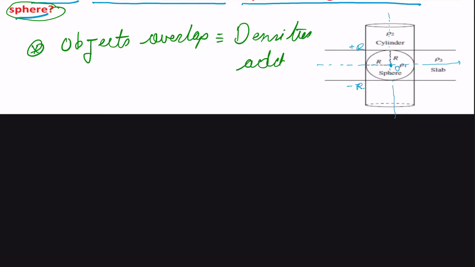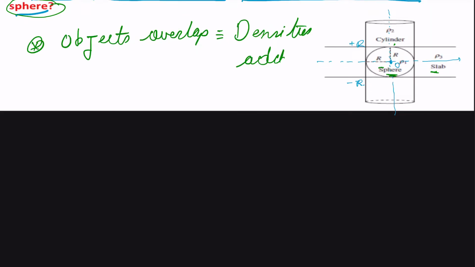For the sphere, everything is overlapping. This sphere consists of part of the cylinder, it also consists of itself, that is the sphere, and it also consists of part of our slab.